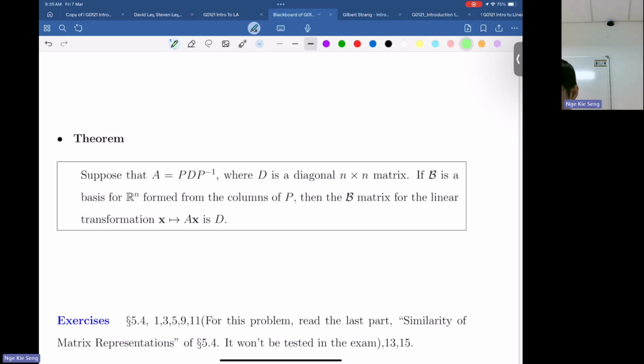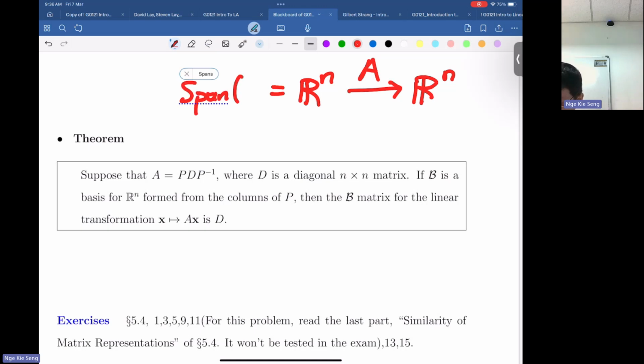Okay, so the picture, let me draw again. You have Rn to Rn, which is A, and then you can write it as a span of the basis B here.